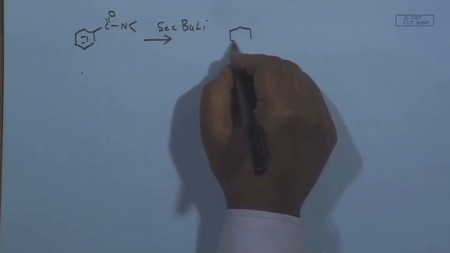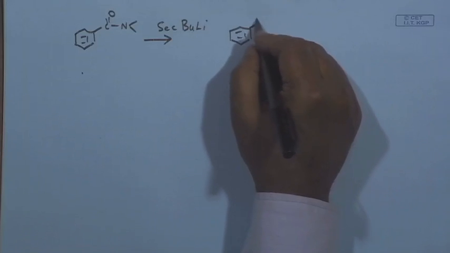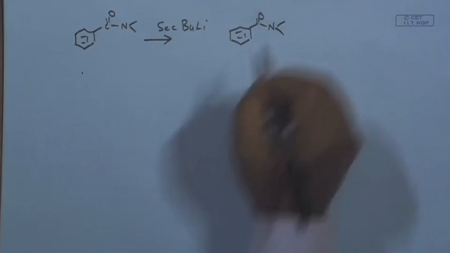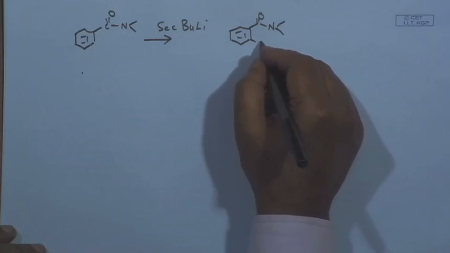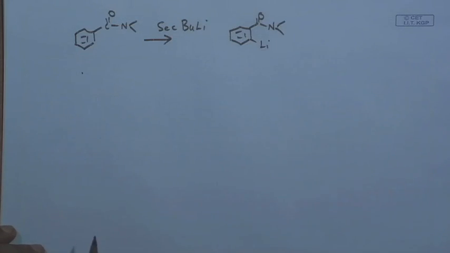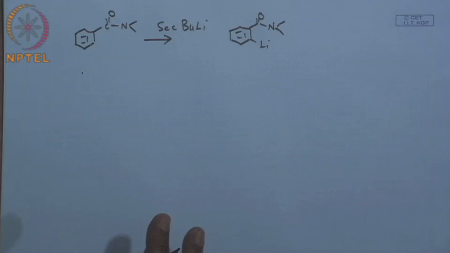This is something remarkable in the sense that in benzene chemistry you will be getting only a single product. That means lithiation takes place here at the ortho position, and there is no question of formation of isomers. That is the beauty of the organolithium compounds.